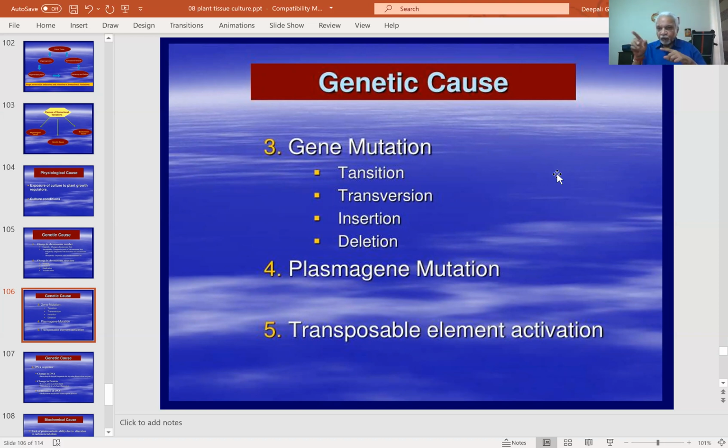But once they move from one place to another, they change the genetic makeup. As you know, the insertion of transposable elements can lead to mutations. It can be a good mutation, it can be a bad mutation. If it is a good mutation, you can go for stabilization of that mutation, select that plant and further propagate.